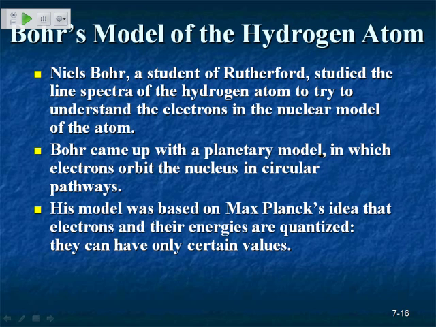Okay, so he came up with this idea, a planetary model, in which electrons orbit the nucleus in a circular pathway, just like in our planetary system, where the sun is in the center and the planets are orbiting around the sun in circular pathways. They have specific pathways, right? Even though the sun has a lot more attractive power, the force of gravity, it's not that all the planets are tumbling towards the sun and bombarding into it.